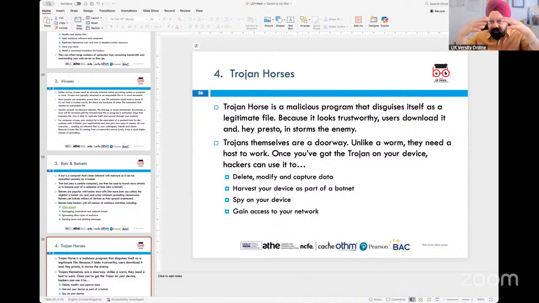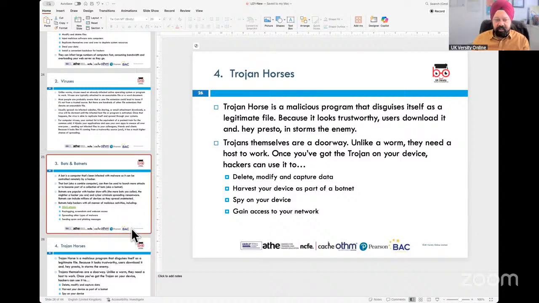On the surface I'm very good, but inside I'm quite bad. So it's something like that. A Trojan horse is a program which disguises itself as legitimate software and then can give access to your system, device, or network to the hackers because it rides along with a genuine software that is being installed.